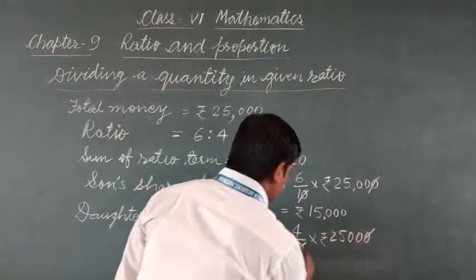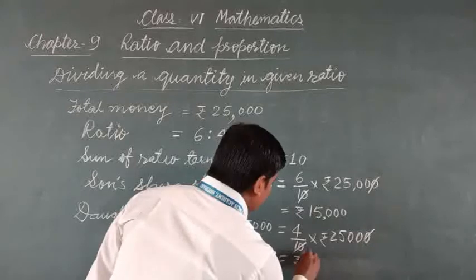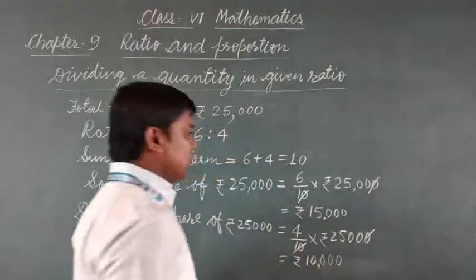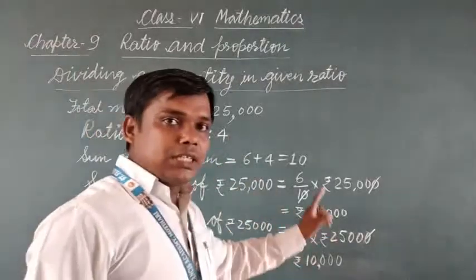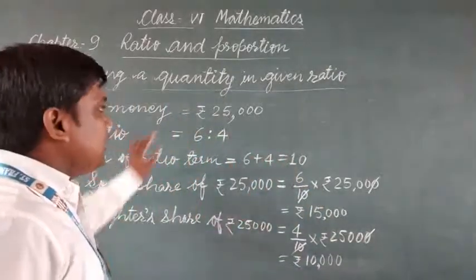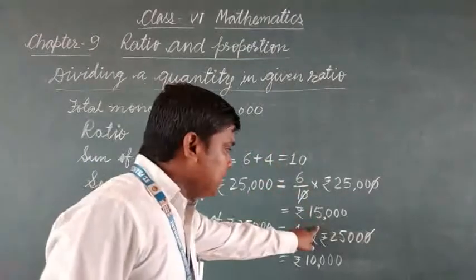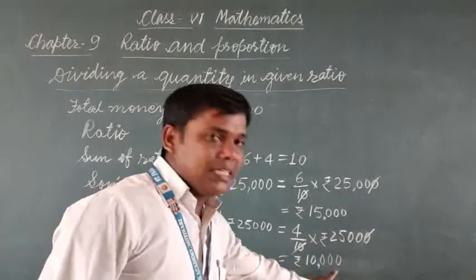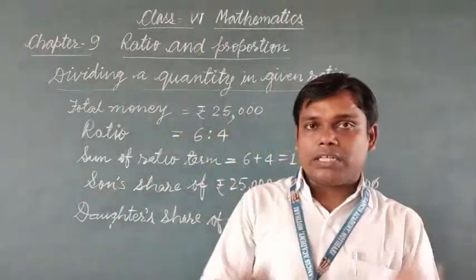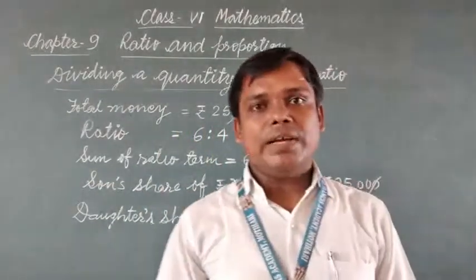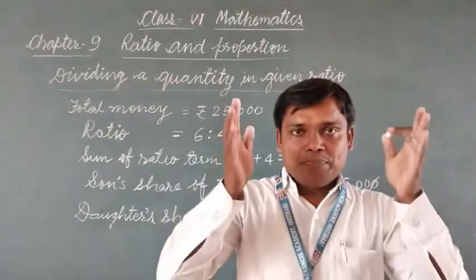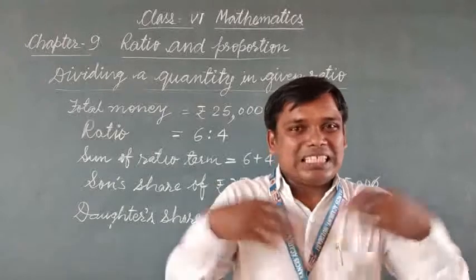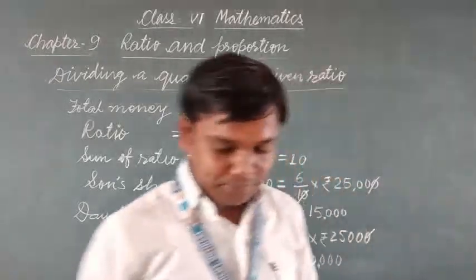Again cancel, and 25 times 4 is 100, so it will become 10,000. Therefore, the son's share is 15,000 and the daughter's share is 10,000. Like this, if a quantity and a ratio are given, you can find the value of the share for each.